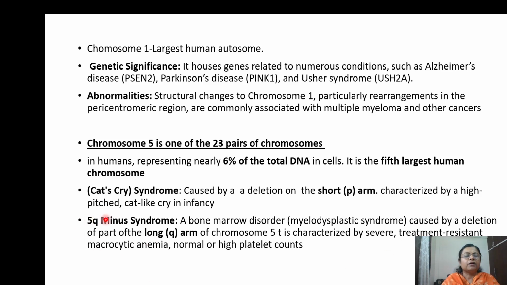This cat cry syndrome is very rare, there may be one case among 22,000 people. So we studied the diseases or syndromes caused by defects in chromosome number 5.